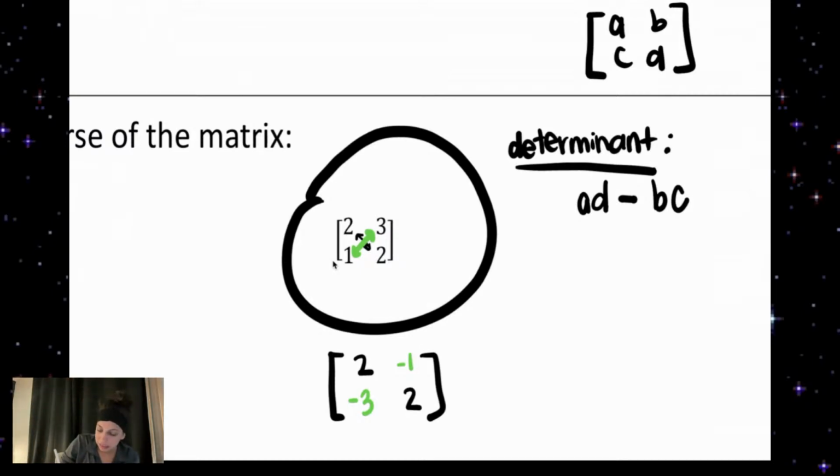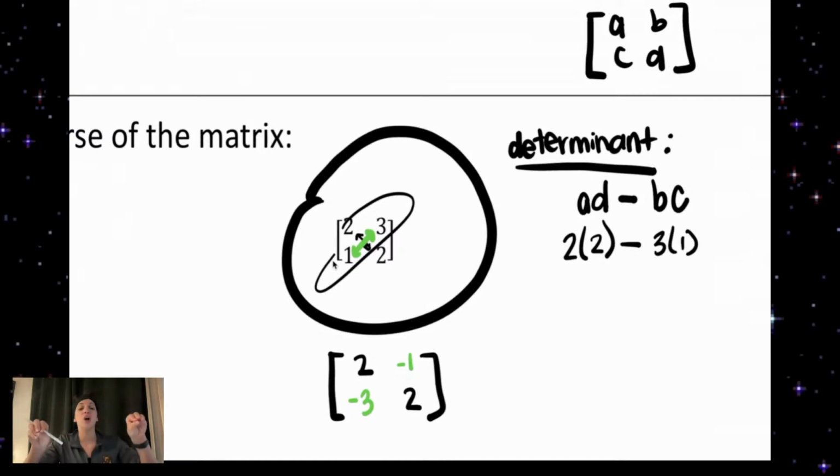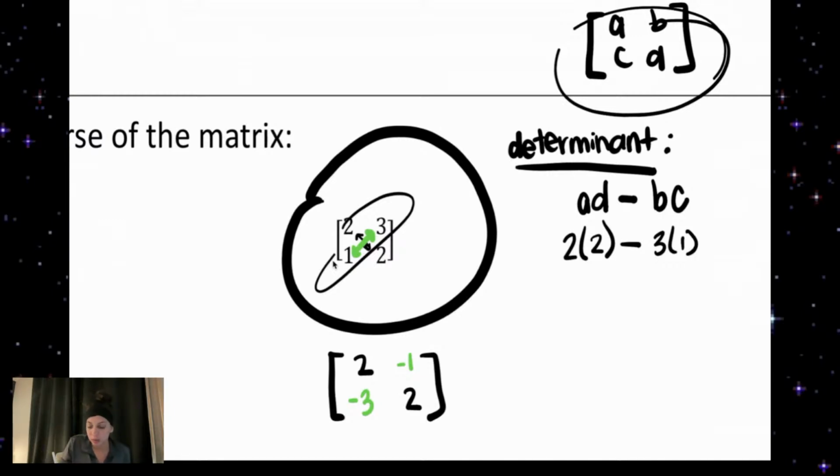So A times D is 2 times 2, minus B times C is 3 times 1. Now, if you do those in the wrong order, you will get the wrong answer, okay? So it's important that you know where A, B, C, and D are and what order you're doing that determinant in. So 2 times 2 is 4. 3 times 1 is 3, so that equals 1.